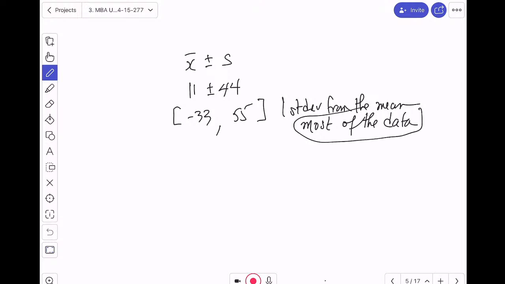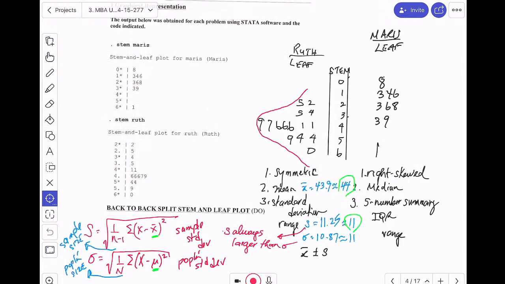So let's go back. This is for any kind of distribution. It should be the case, okay? So let's go back and check how many observations are between negative 33 and 55. Count them. It's almost all of them, right?